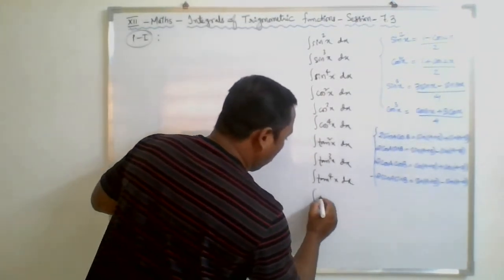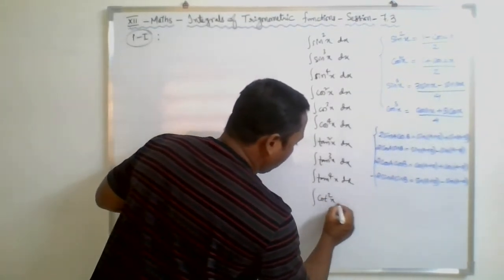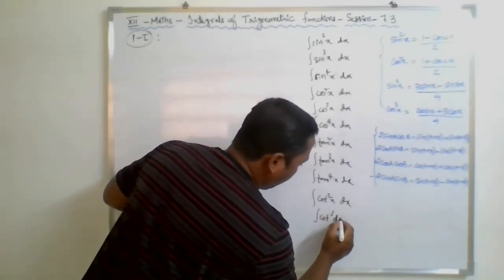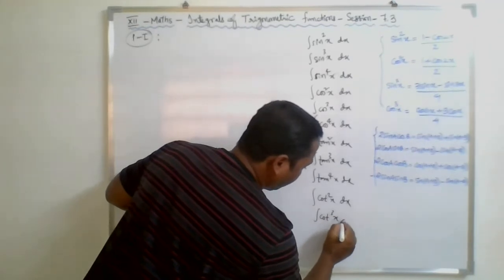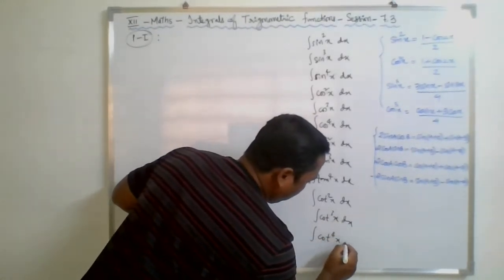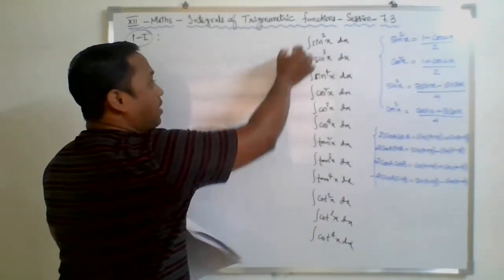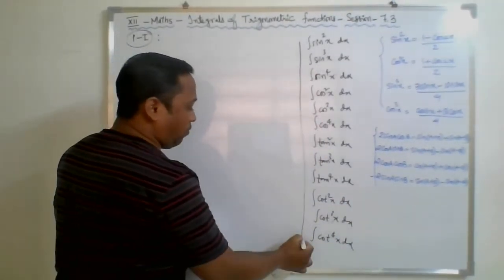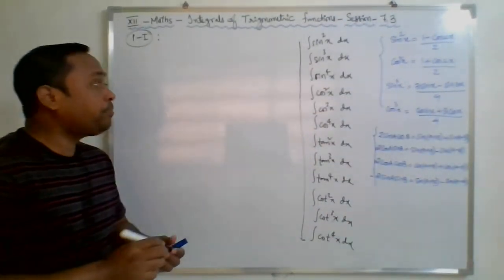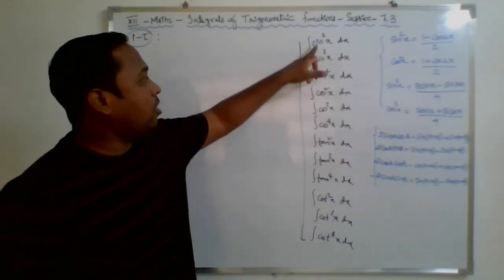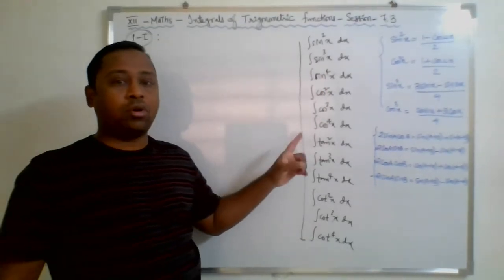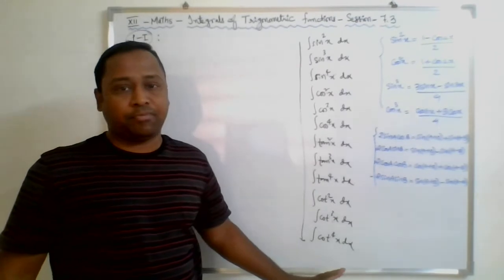Similarly, we go for cot: cot square dx, cot cube dx, and the last is cot power 4x dx. So these are coming in pattern 1, where you will see single trigonometric ratios, either only sine, only cos, only cot or tan.